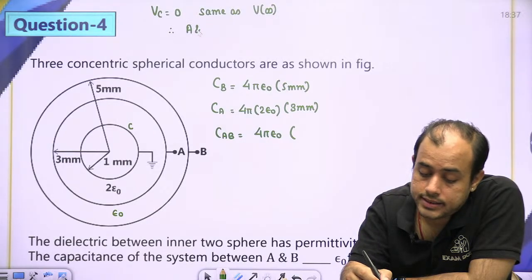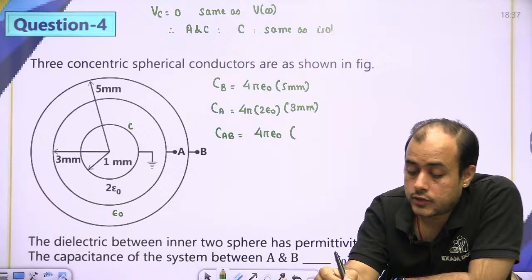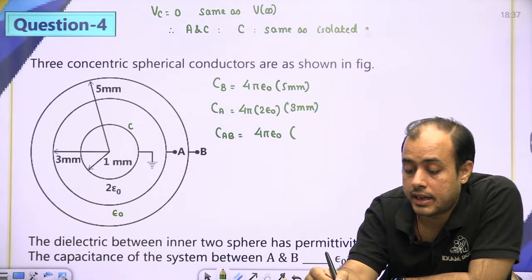Therefore between A and C, capacitance same as isolated sphere. Isolated sphere वाला ही capacitance आएगा.